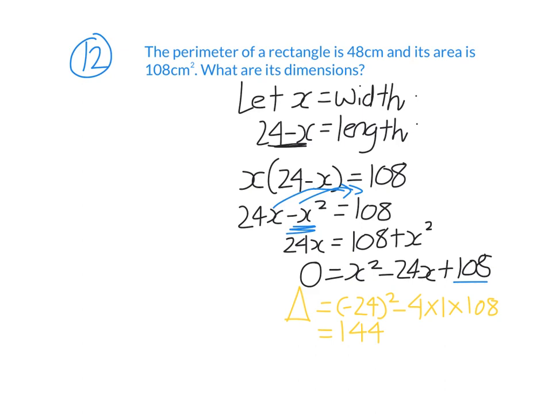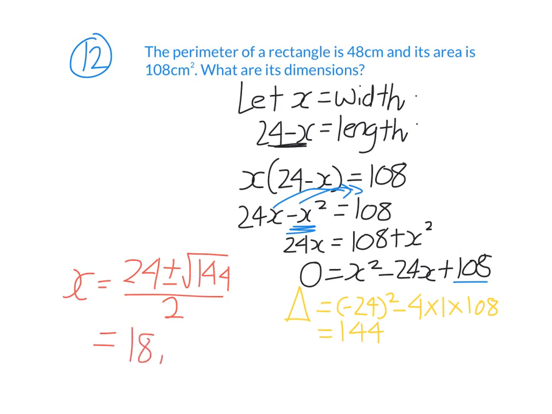So using the quadratic formula, x equals minus b, so minus 24 is positive 24, plus or minus the square root of the discriminant over 2. So we have 24 plus 12 over 2, which is 18, or 24 minus 12 over 2, which is 6.